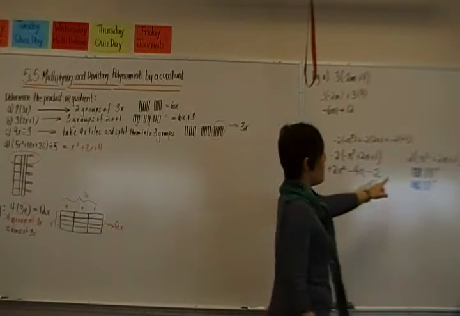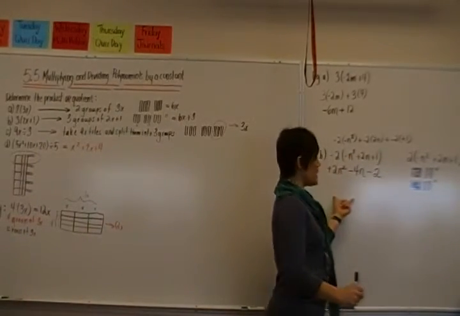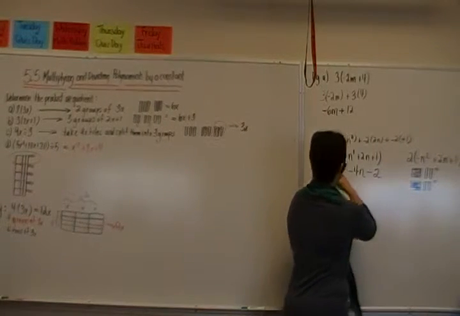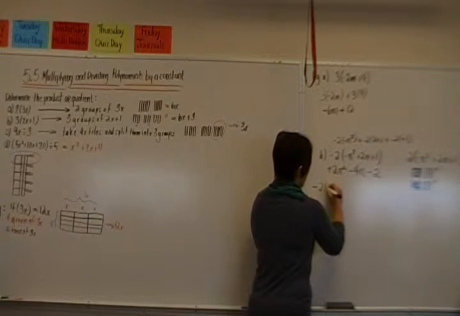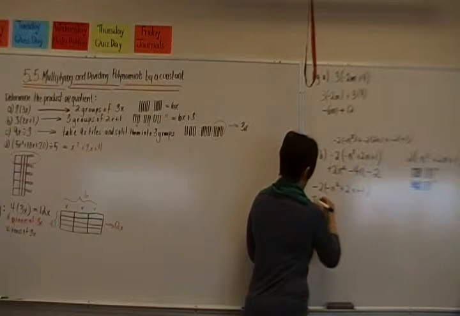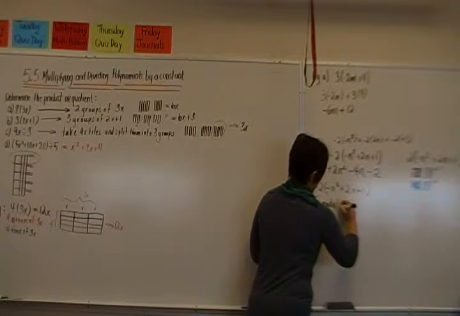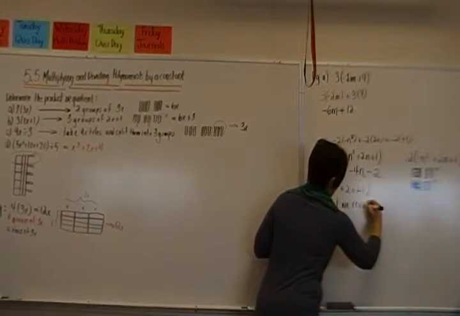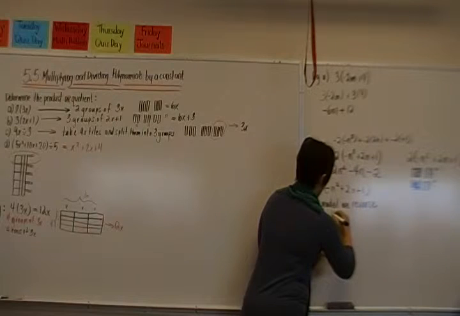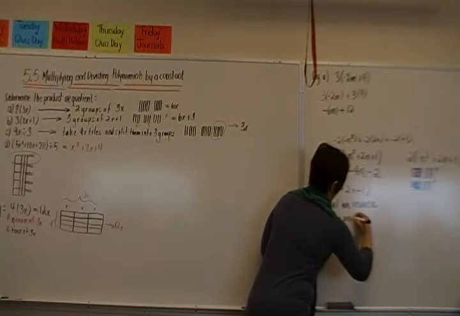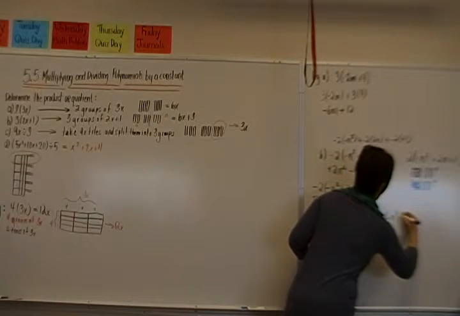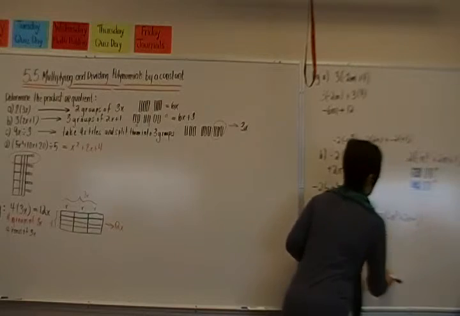So if you know how to model this, the model for this one is just going to be the exact opposite. So if you know this, for here, when I have negative 2 times negative n squared plus 2n plus 1, to model, and you need to write this down, we reverse color the product of 2 multiplied by negative n squared plus 2n plus 1.